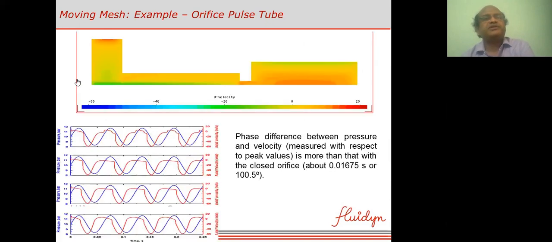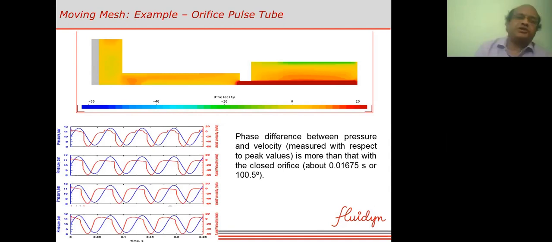So here you can see we are showing the velocity, the speed along the axis. As the piston moves from left to right, first the gas goes into the reservoir. Then as the piston moves back, there is a reverse flow.